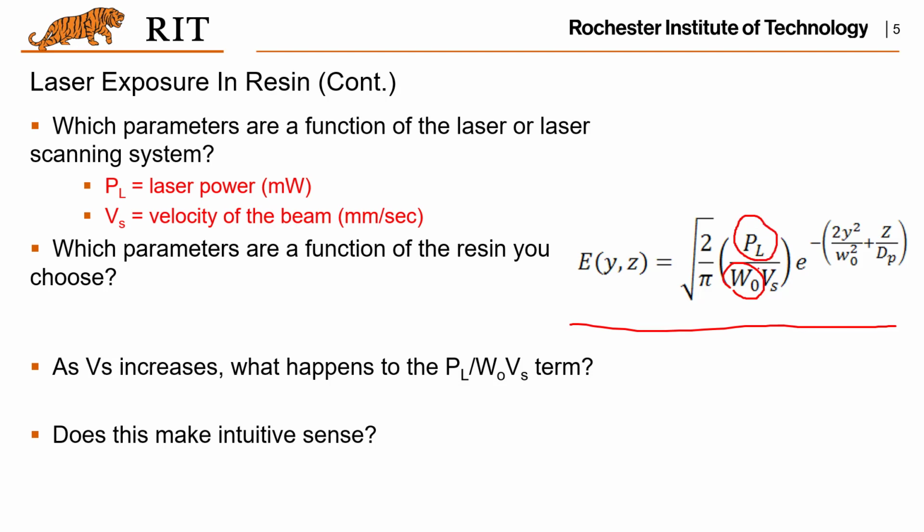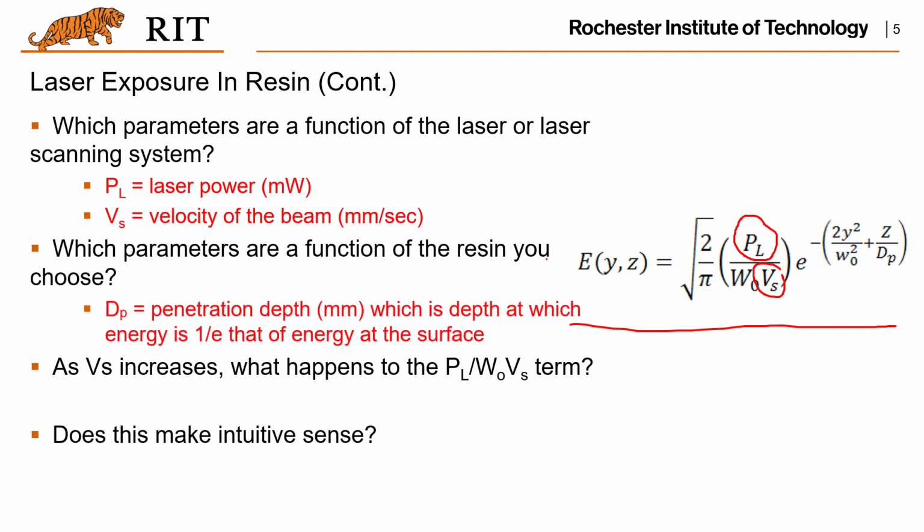And this V_s, which is the laser scanning velocity, right? These are controlled by the laser scanning system. And what are the parameters or functions of the resin you choose? That is the penetration depth over here.